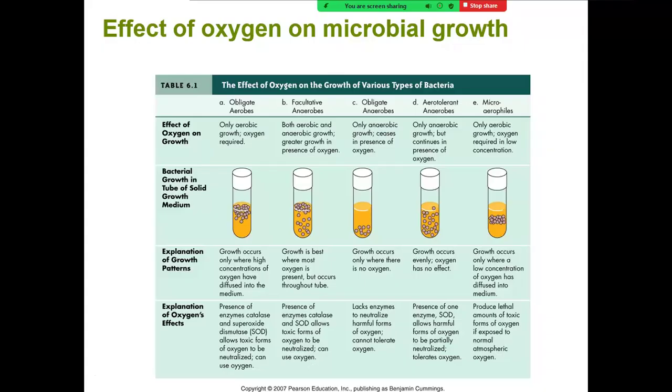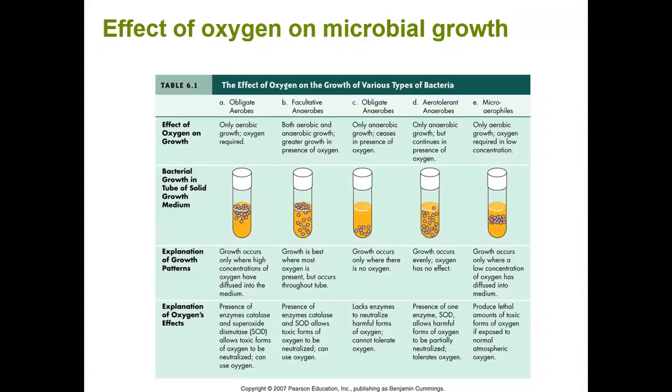And then we have another one, a microaerophile. These are aerobes, so they do require oxygen in order to grow. But these microaerophiles do not like growing in full oxygen. They like growing somewhere between 2 and 10% oxygen.